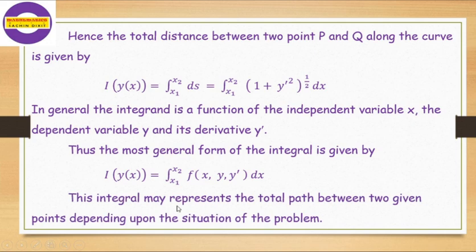This integral may represent the total path between two given points depending upon the situation of the problem. There are several paths between P and Q. In all these paths, some paths have an extremal value, that is, a maximum value or minimum value.